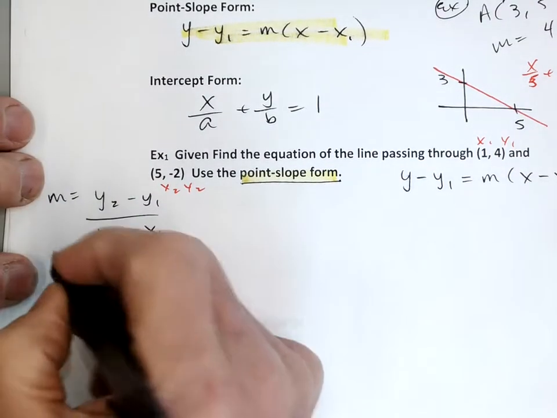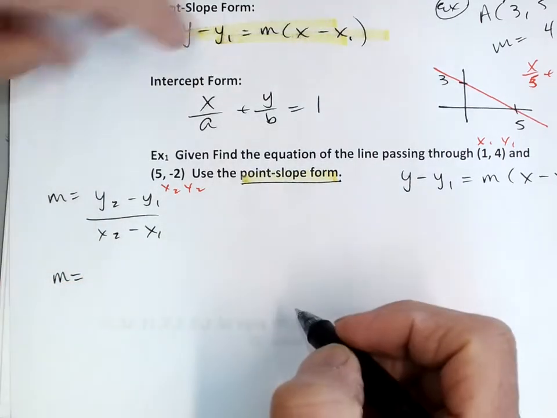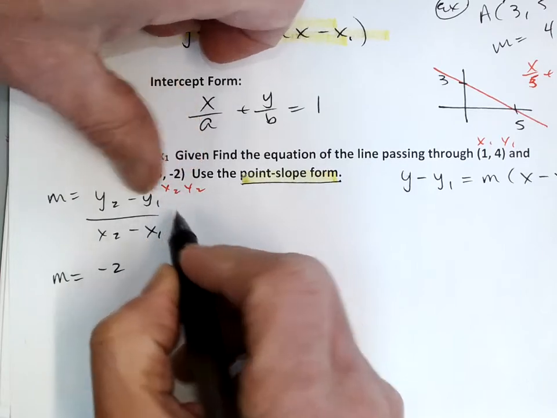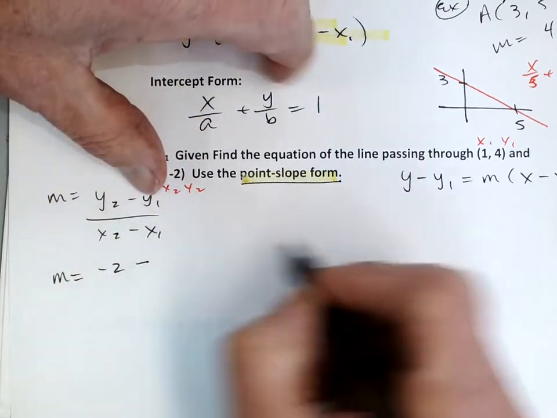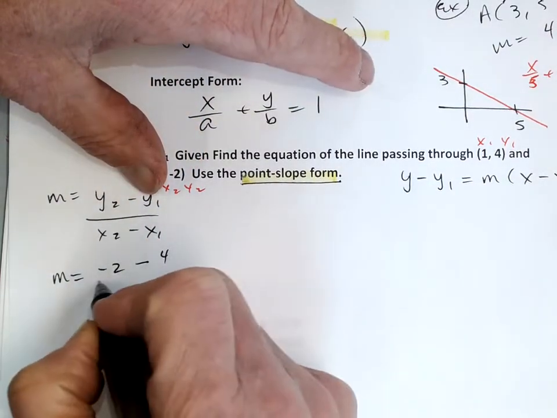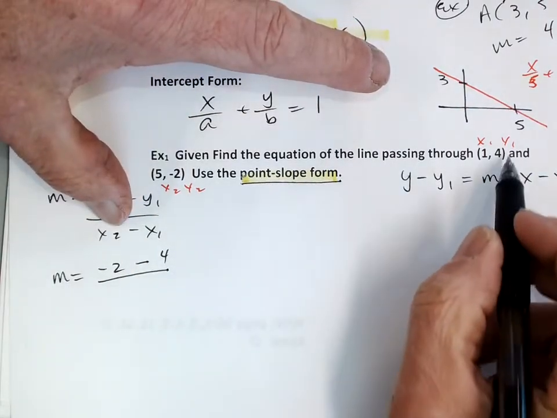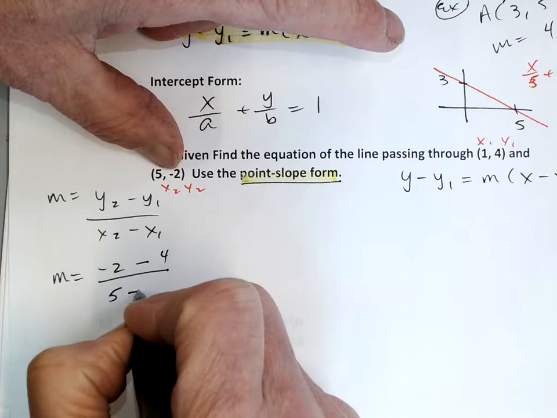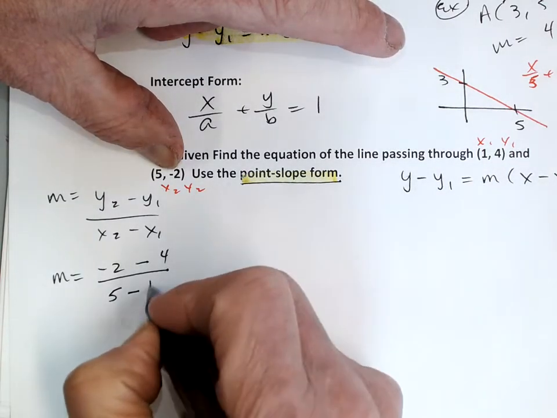Thanks, Cameron. Yeah. So then the slope in this case is going to be negative 2 subtract 4 over 5 subtract 1.